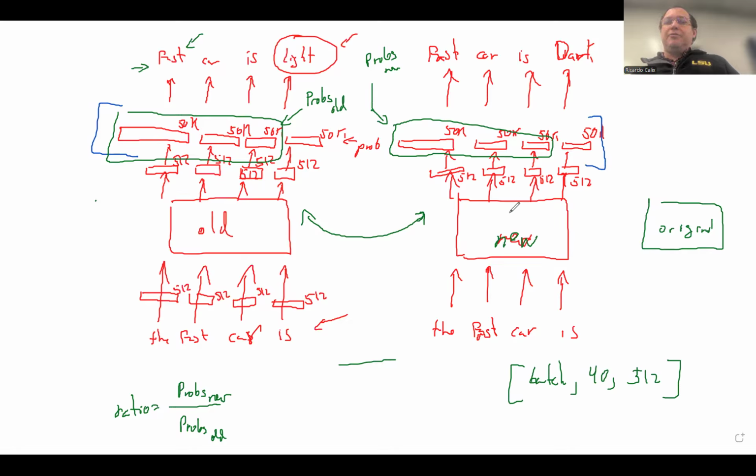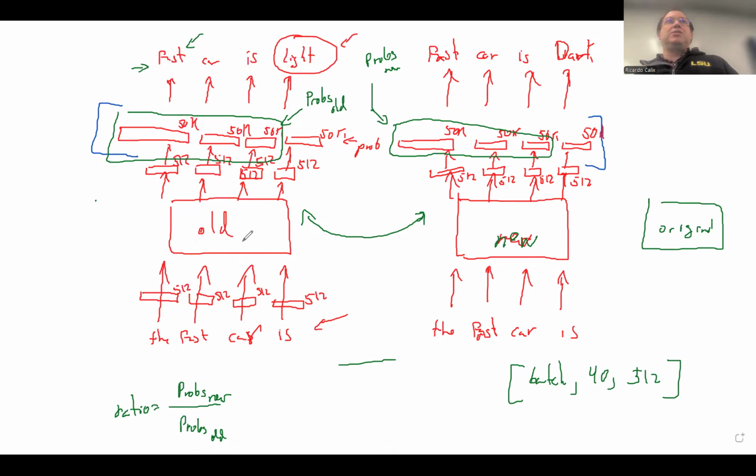If old had a probability of 0.80 for fast, that was going to be selected. It was a high probability, because fast and speedy look similar in this context. Am I right? That's right.